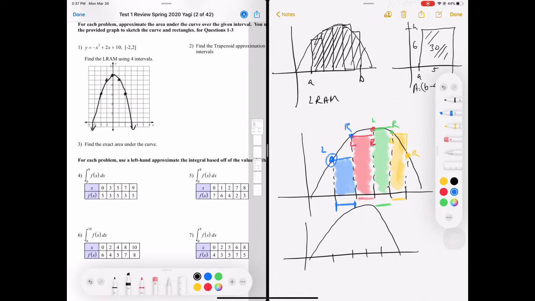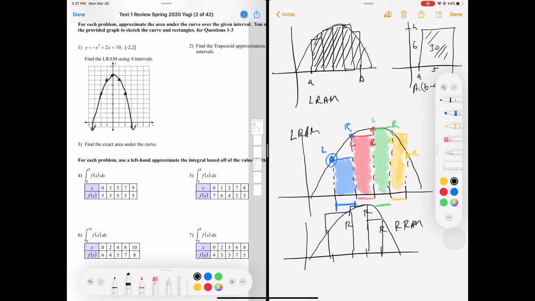So, draw lines. Right, right, right, for RRAM. This over here is LRAM.